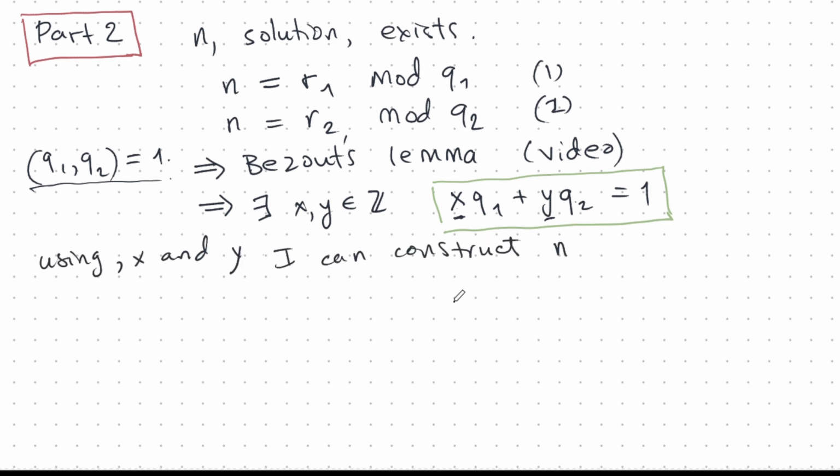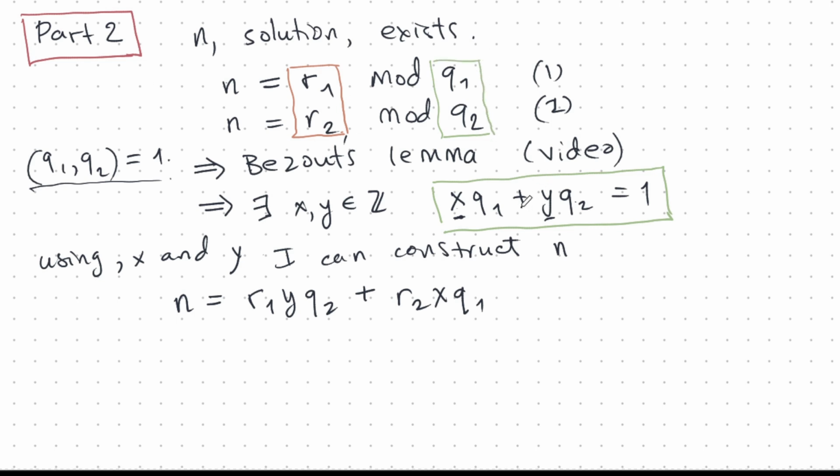So using this X and Y, I can construct a solution n. Well, I will show that it is a solution, but I can do the following construction. n equals R1 Y Q2 plus R2 X Q1. So just to remind you, R1 and R2, those are the residues, the remainders here. And Q1, Q2, they're the moduli.